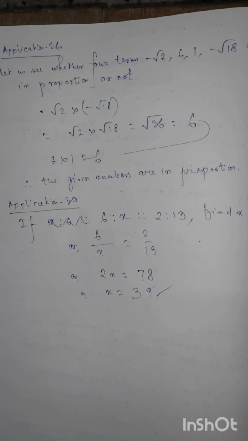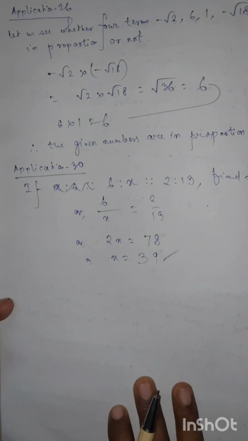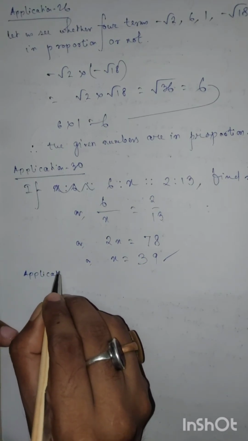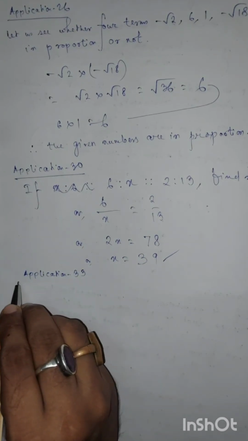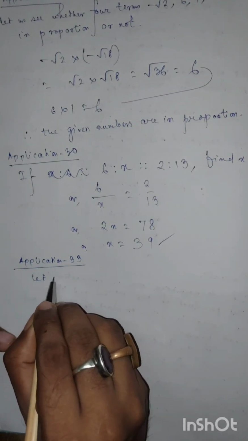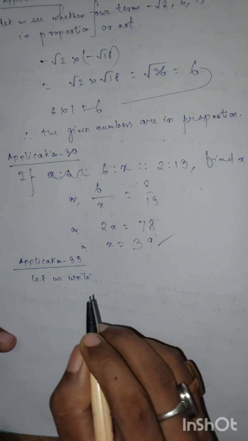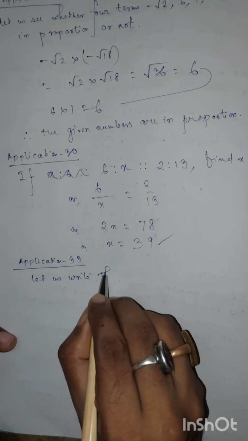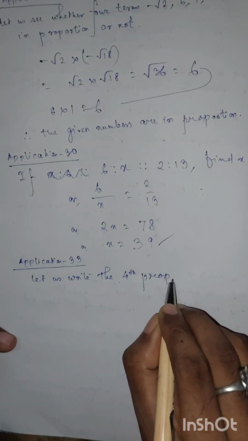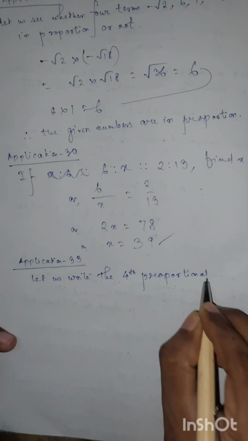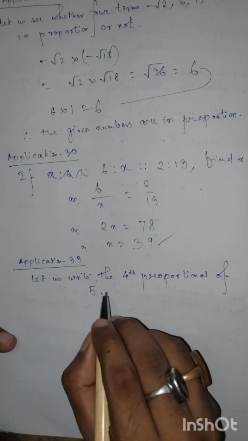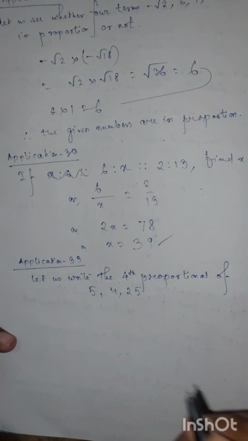Now next application, application 33. Let us write the fourth proportional of 5, 4, 25.